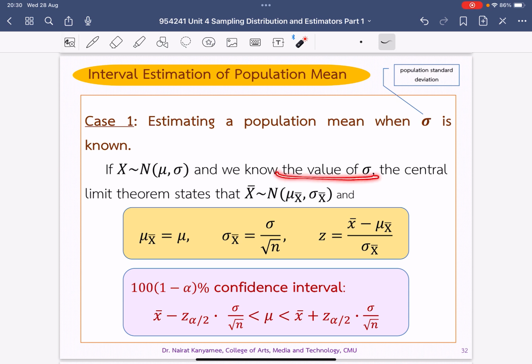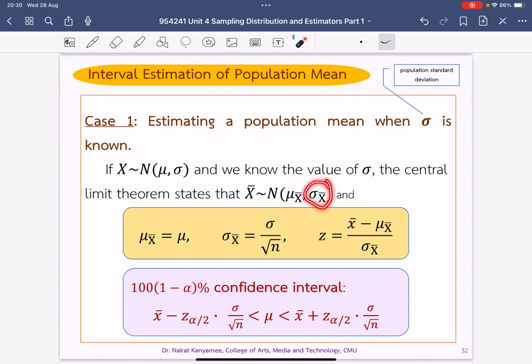If we know the value of sigma, then we can use the central limit theorem, which states that x bar, the sample mean, follows the normal distribution with mean mu x bar. Remember this from the beginning of the chapter.